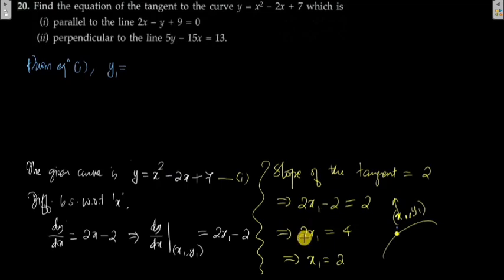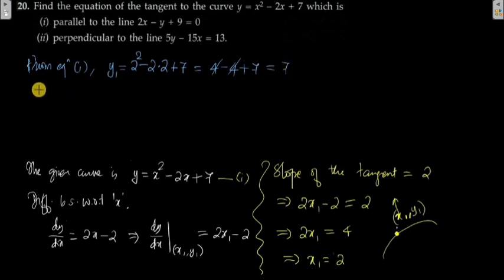So x1 is 2. So it becomes 2 square minus 2 into 2 plus 7. See here carefully, x square minus 2x plus 7. Let's evaluate this. 2 square is 4, so 4 minus 2 into 2 is 4, plus we have 7. These two get cancelled. So again we got 7.